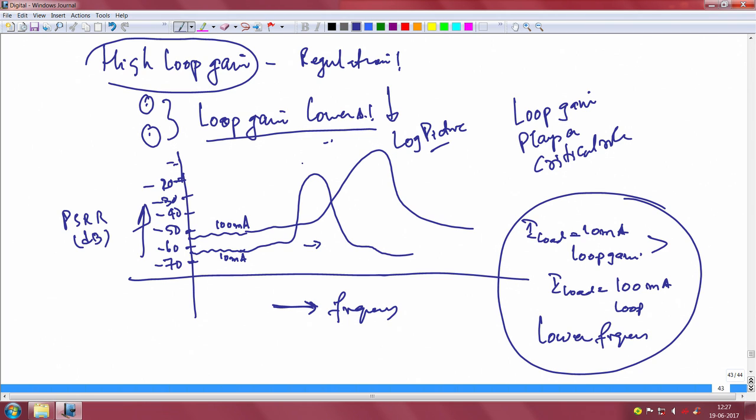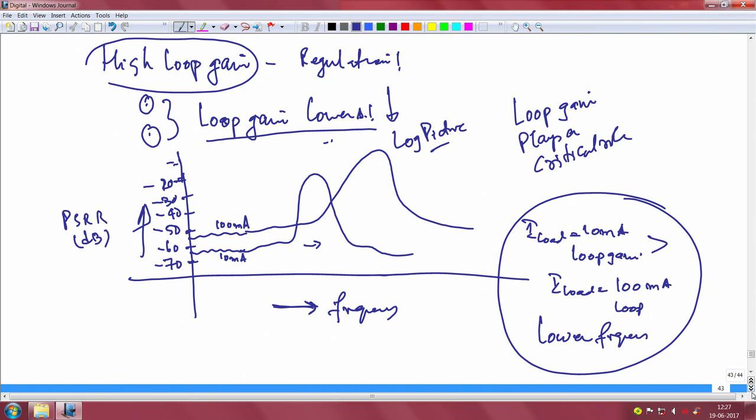Its performance, its ability to filter out ripple and noise is reducing as the frequency increases and also with the increase in load current, okay.